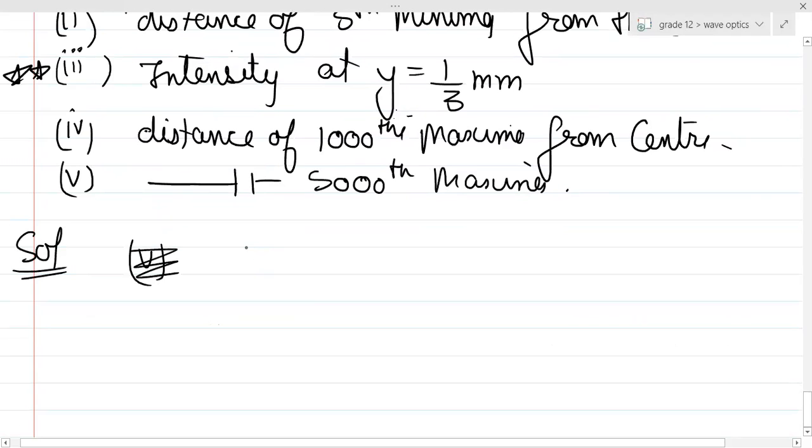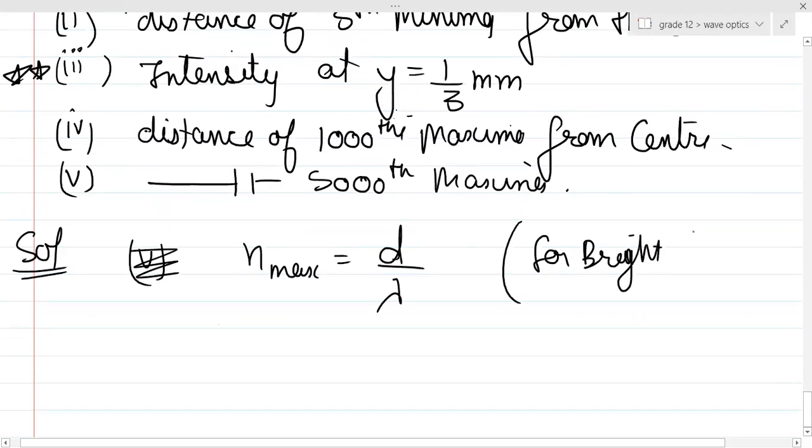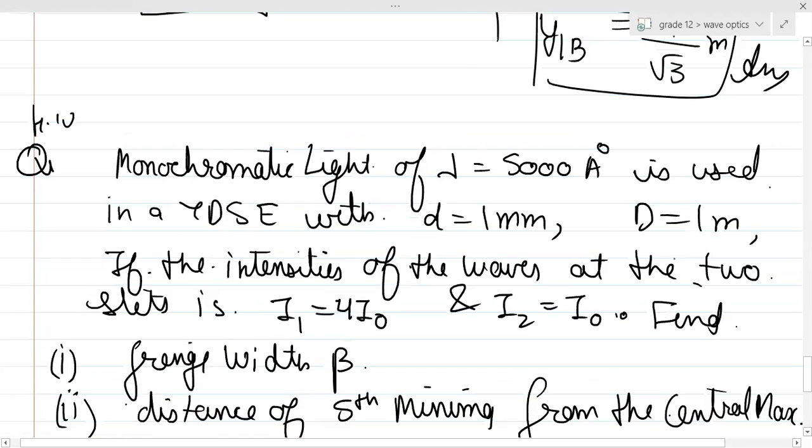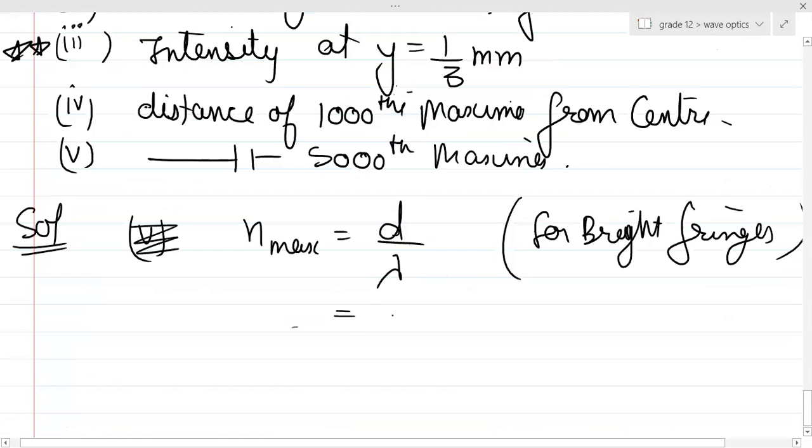First thing first, what will you do? You'll check n max. n max is equal to d by lambda for bright fringes, right? Yes or no, guys? d is given as 1 mm, and this is 5000 angstrom.